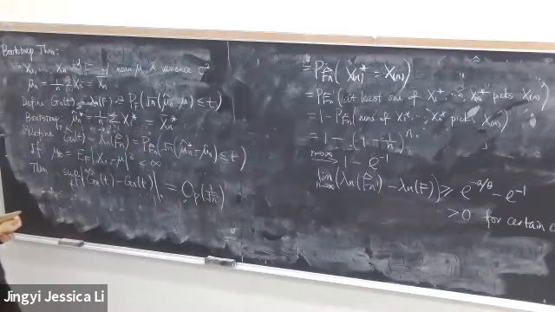So that's what we write as big OP of 1 over root n. This is the bootstrap theorem result.